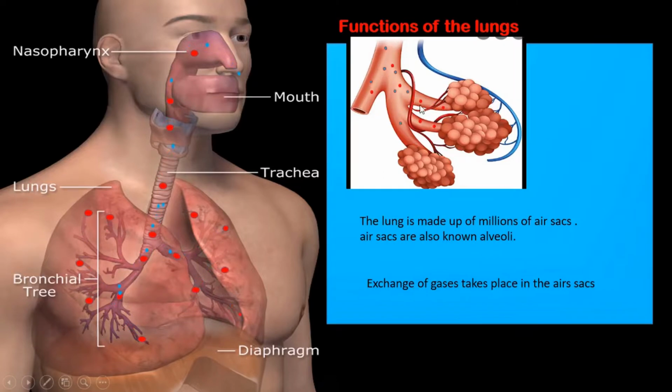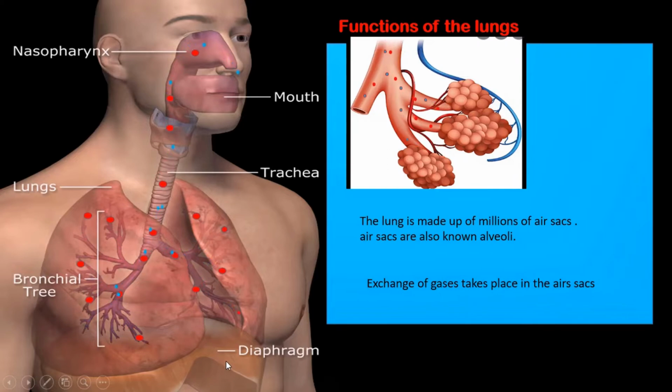When oxygen gets into the air sacs, it diffuses into the capillaries and gets into the body organs, the body tissues or the body cells. The body cells in turn release carbon dioxide, which is transported back into the air sacs through the capillaries. Therefore, as I've said, exchange of gases takes place in the air sacs. The lung is made up of millions of air sacs.